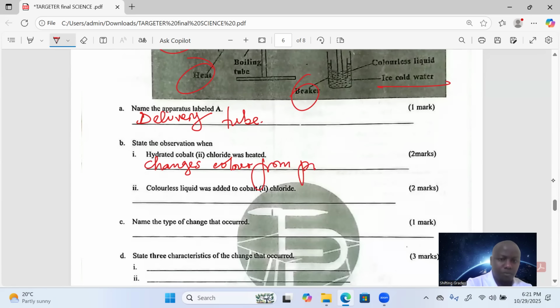Actually, the blue substance now is anhydrous. The hydrated cobalt 2 chloride changes the color from pink to blue anhydrous cobalt 2 chloride.